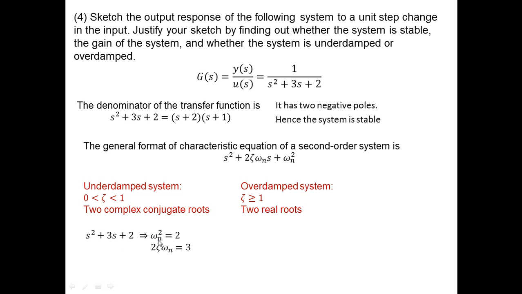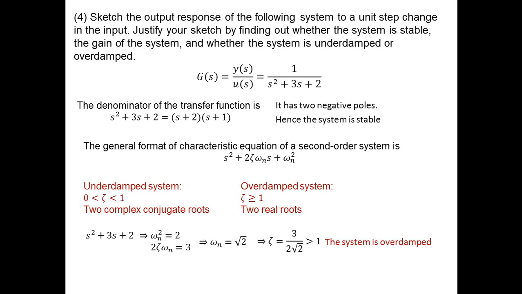So first, I calculate omega n, which is equal to root 2, and then zeta, the damping ratio, will be 3 over 2 omega n, equal to 3 over 2 root 2, which is bigger than 1. So it means that the system is overdamped.